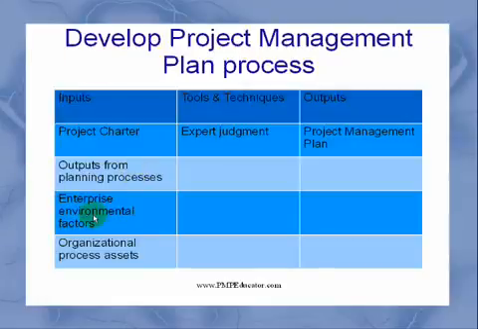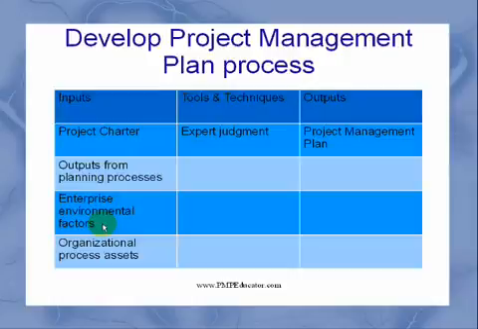The inputs for any planning process include enterprise environmental factors and organizational process assets. These two inputs are heavily used in the planning process. Enterprise environmental factors contain the organization structure, and you have to consider the climate, the political environment, the structure, and all those features.